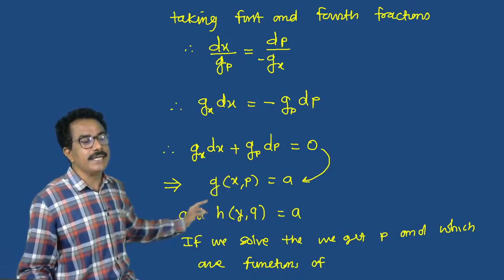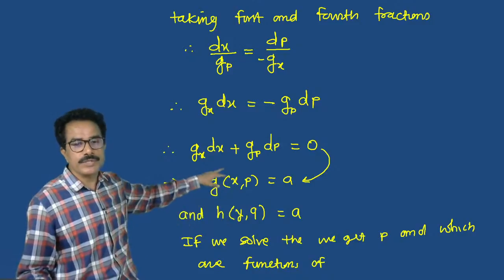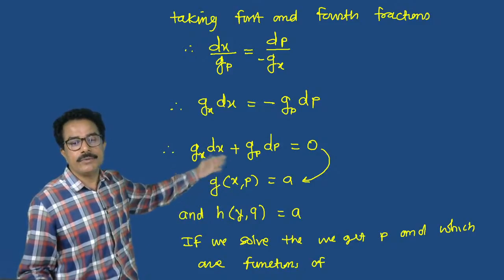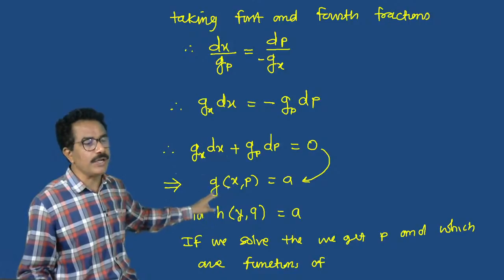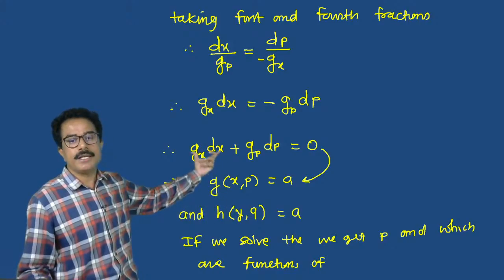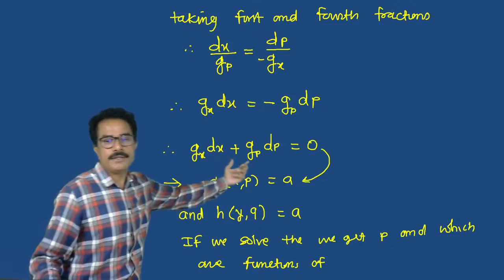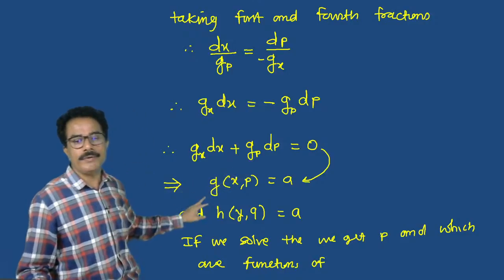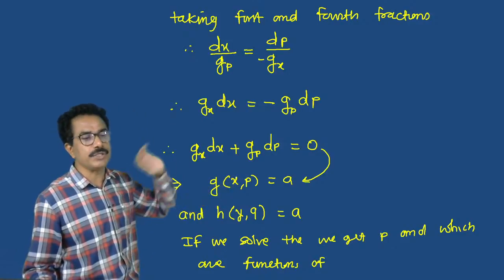So we will get the solution by integrating in this way: g of x comma p, because this is the function of x, this is the function of p, so we will get g of x comma p is equals to a.